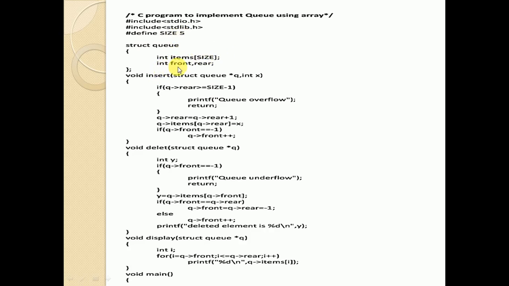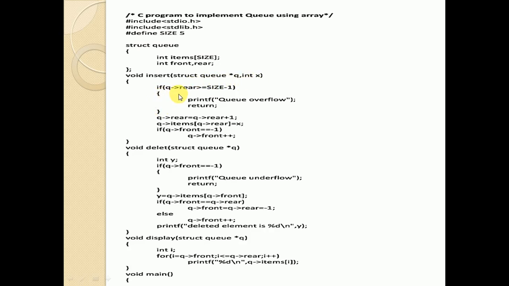Then integer front and rear, which are the two ends of the queue. Now the first function is void insert. Here we have passed the arguments: struct queue pointer variable q and integer variable x.